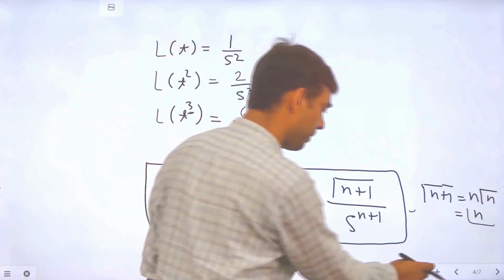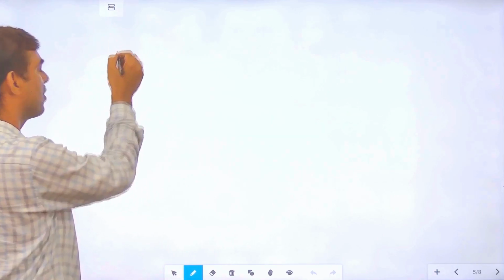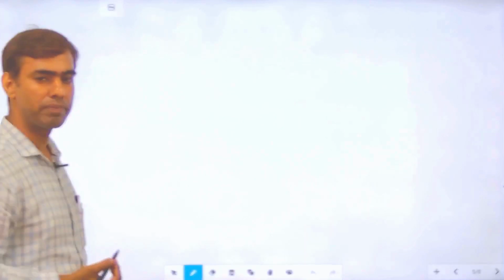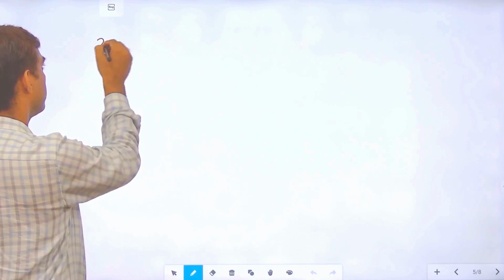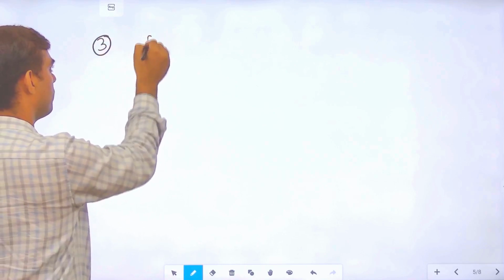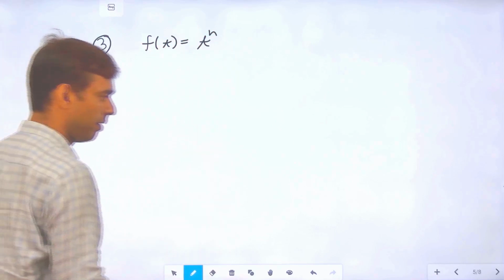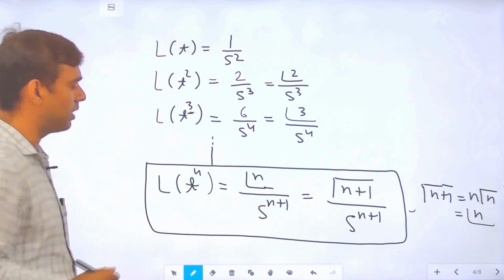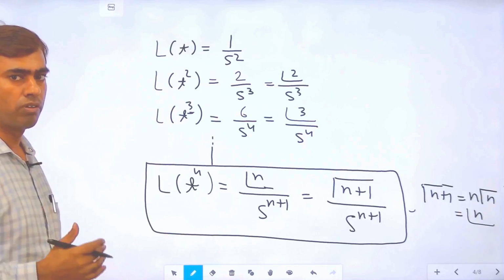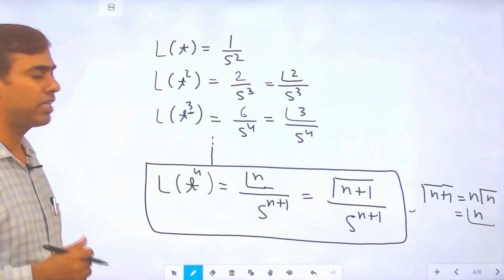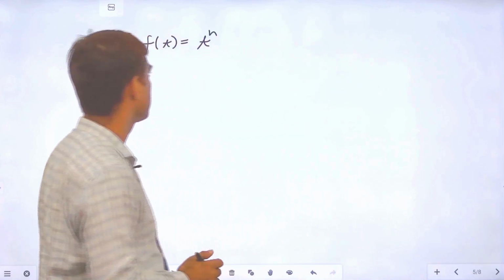Suppose f(t) equals t to the power n. We can find the value of the Laplace transform of t to the power n in this way.